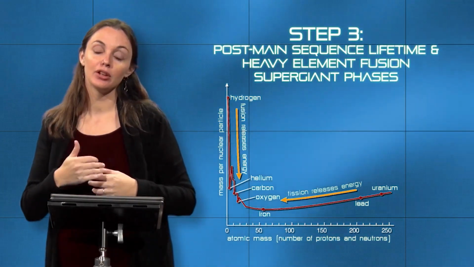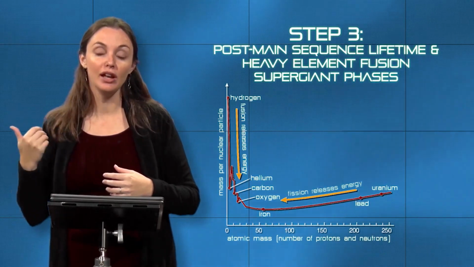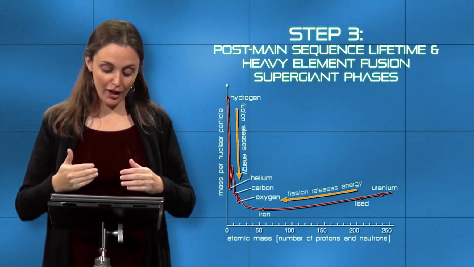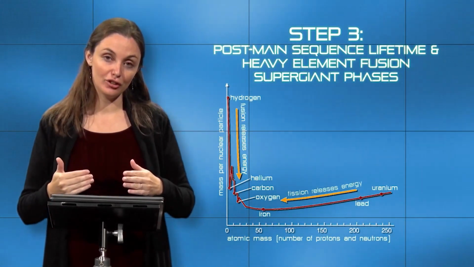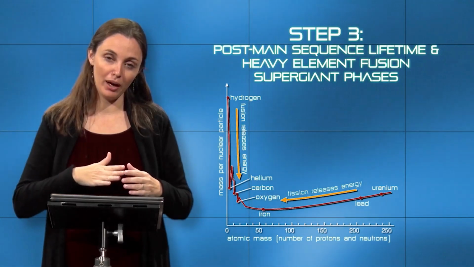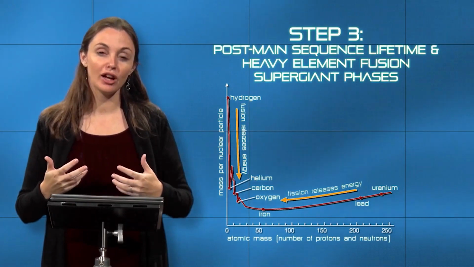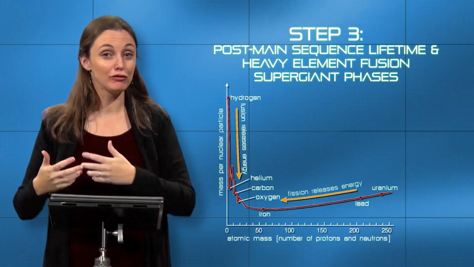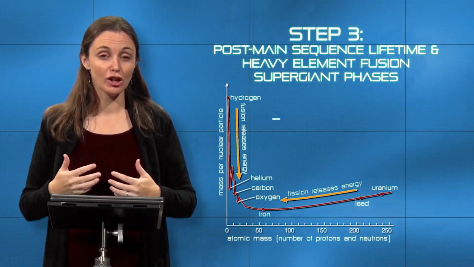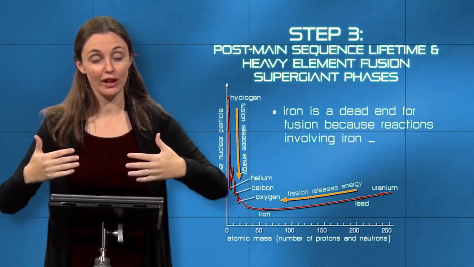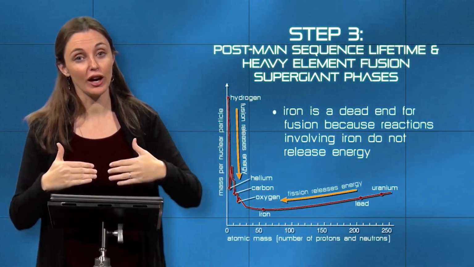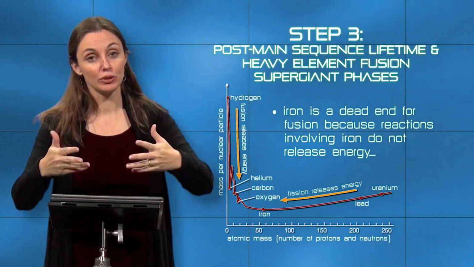Then turning helium into carbon, carbon into neon, and so on down the line releases less and less energy, until finally you get to this bottomless pit of iron. Fusion reactions involving iron and fission reactions involving iron just don't produce too much energy. That's kind of the low point on the graph as far as energy production.